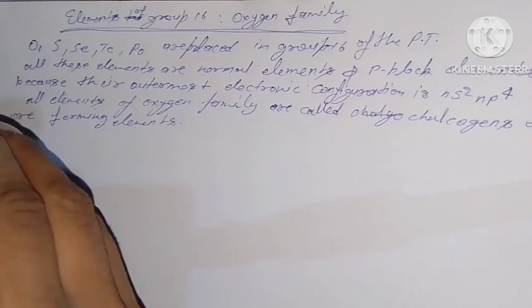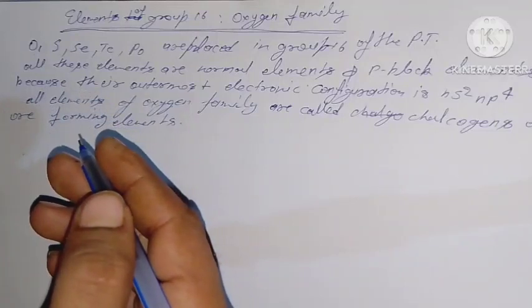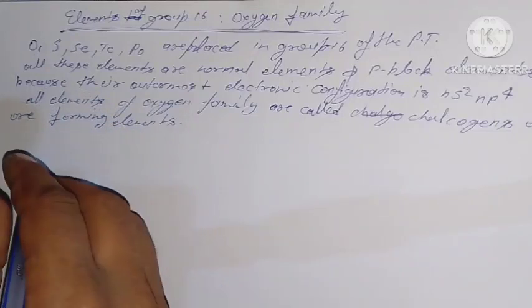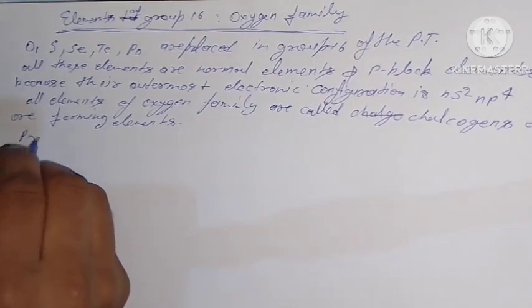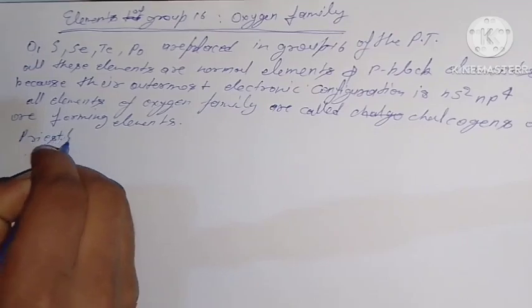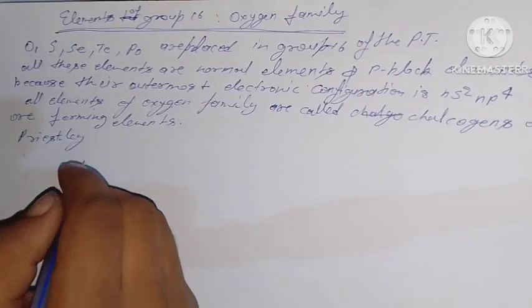Priestley discovered oxygen by heating red oxide of mercury in 1774.